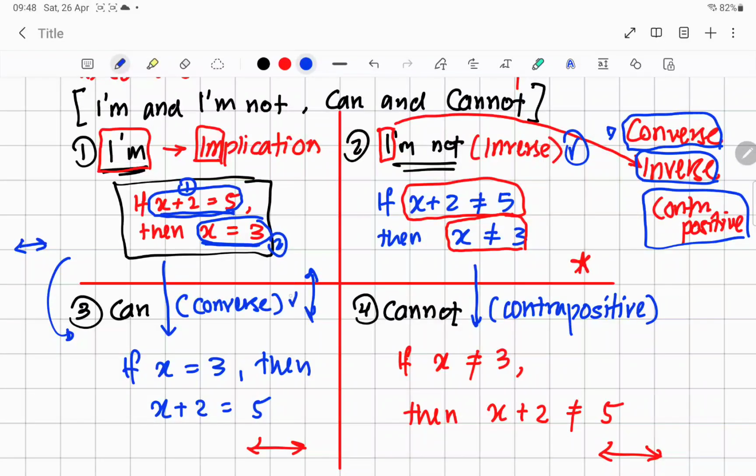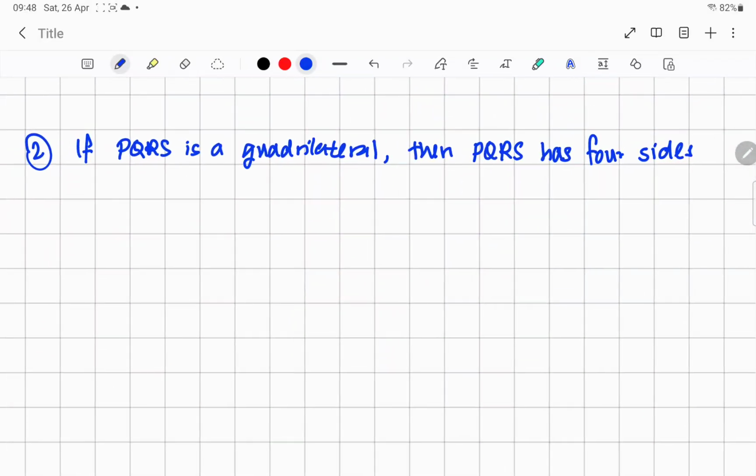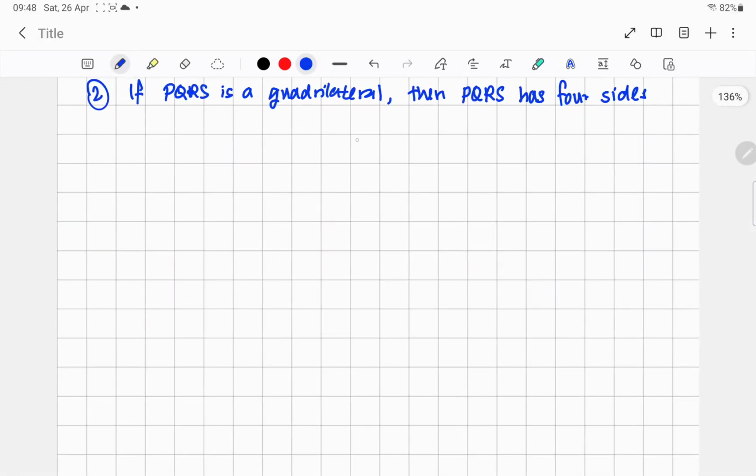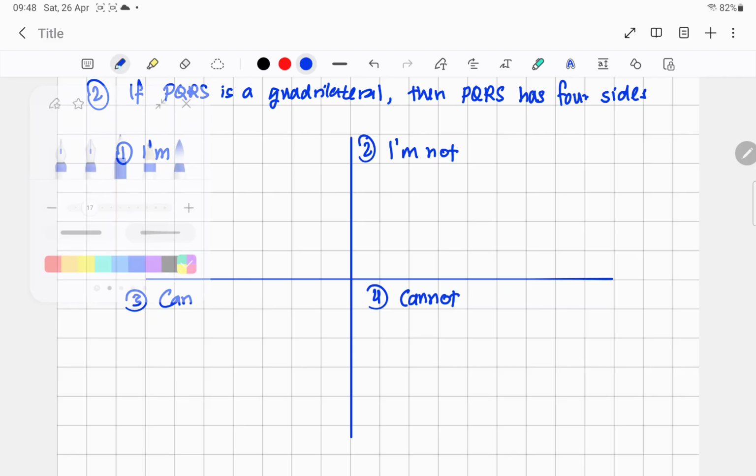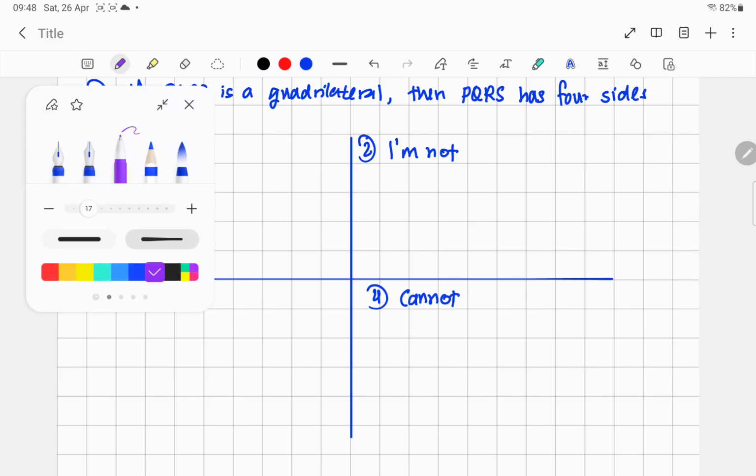So this is how you get the inverse, converse, and contrapositive. Okay, we try another one. This is the same thing. Draw a table. This is I am and I am not, and these are can and cannot. I use another color, this purple.